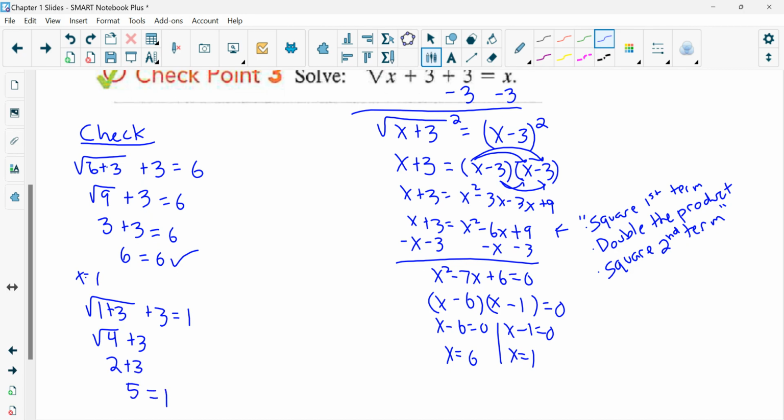Does 5 equal 1? It does not. So that one is not a solution. Therefore, the only thing that should go in our solution set is the 6. Okay, the 1 is not really a solution. And if you want to cross it off here, you can do that also.